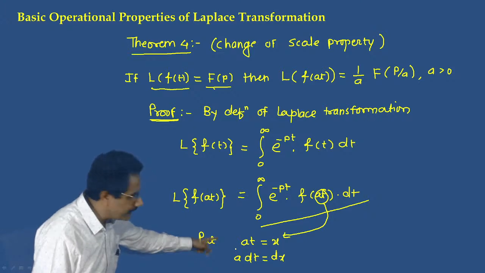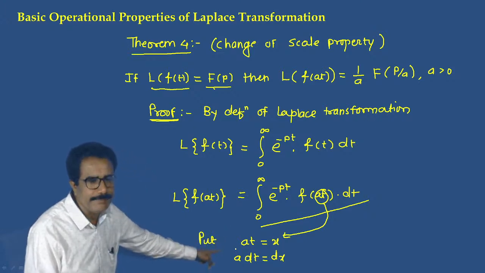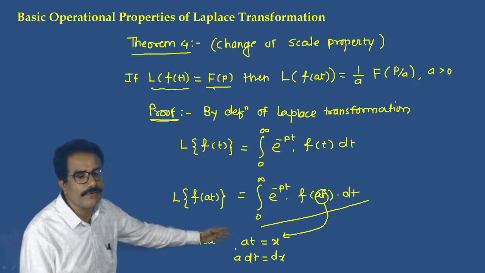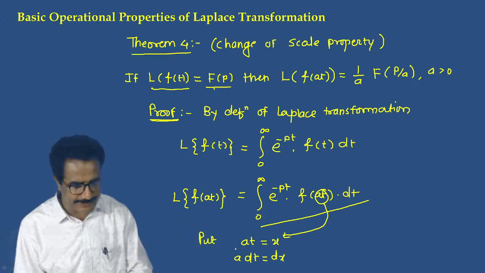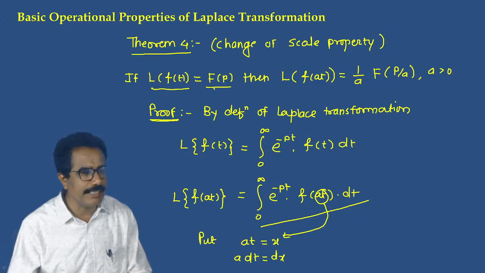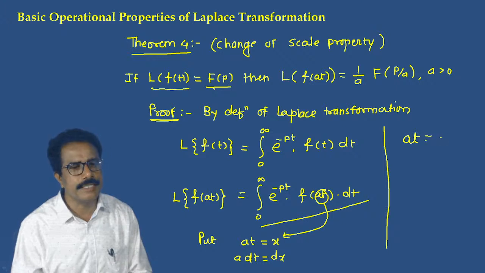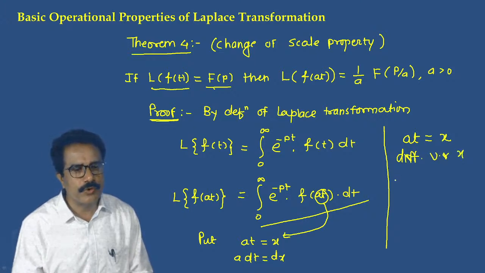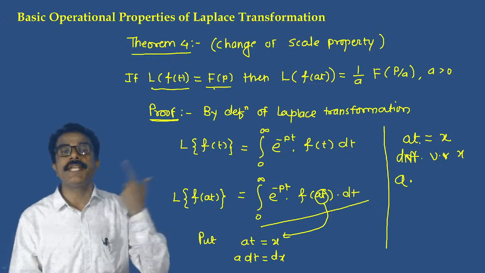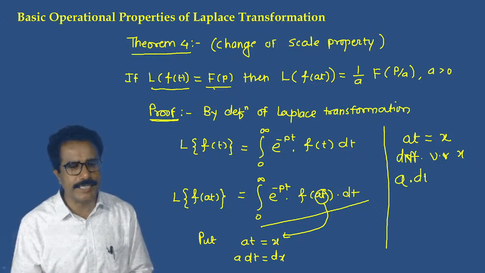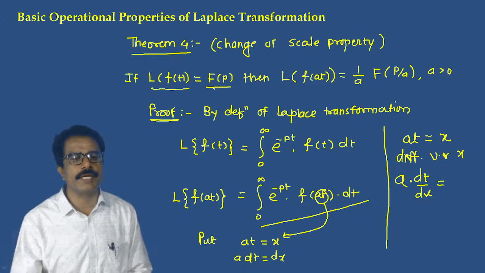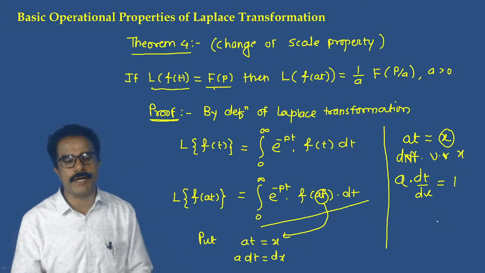The derivative of t with respect to x is dt by dx, which is equal to the derivative of x with respect to x, that is 1.